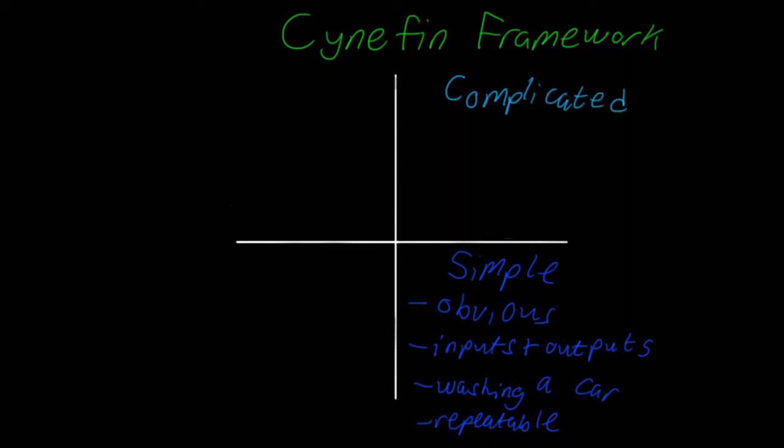And in the complicated domain, more is still known than unknown, but we need some experts, right? It's not immediately obvious, but through some critical thinking, some sensing, some analyzing, we can come up with a good solution. There may be a few good solutions, but we can come up with a good solution.